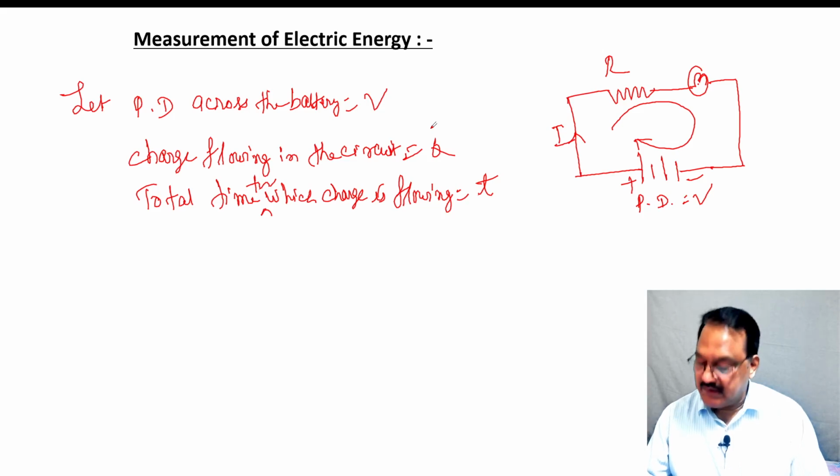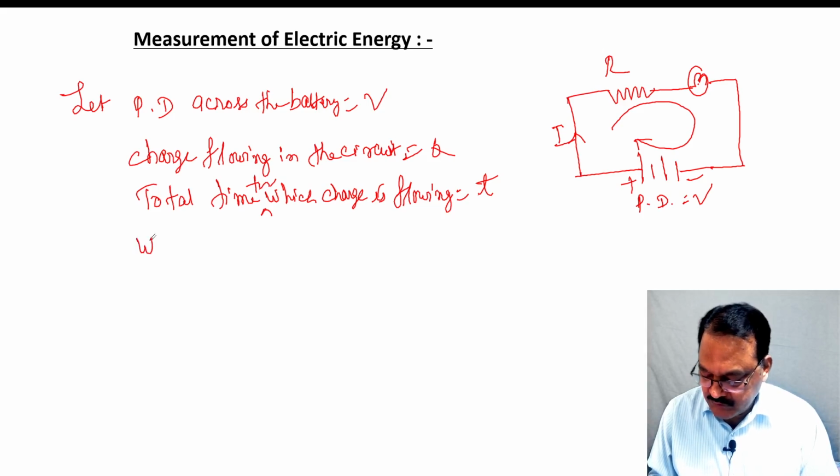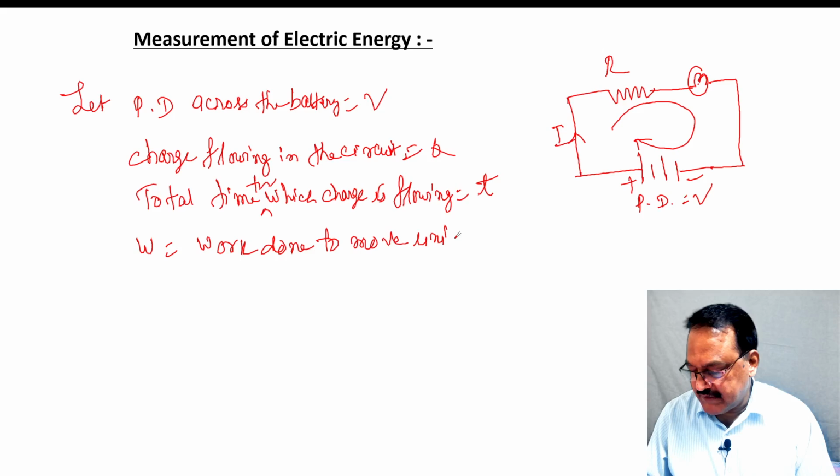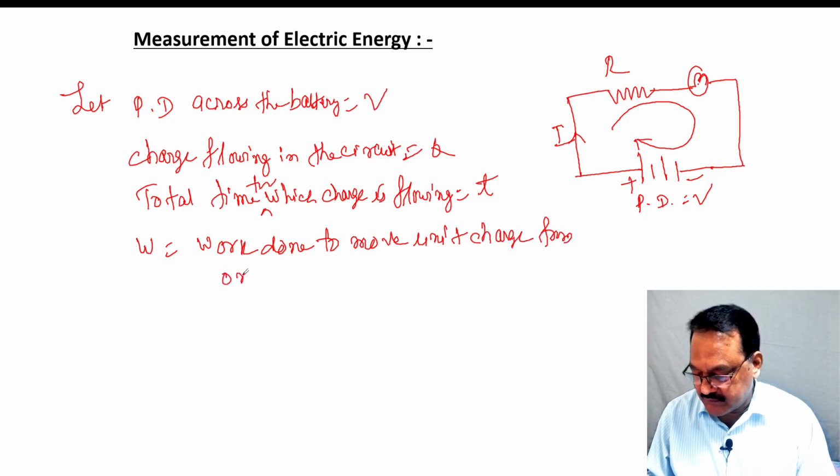Okay, and we can take this one. Work done to move this unit charge from one end to the other end. Let's suppose that is W. W means what? This is the work done to move unit charge from one end to other.